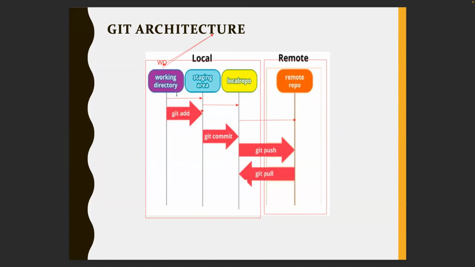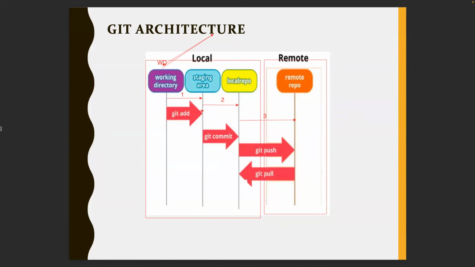It's three steps before your changes go to remote. Why are there three steps? That's the architecture of Git that helps in multiple aspects of maintaining the project files simultaneously: logging, version controlling, backup, all of them are possible. This is called the Git tree or Git architecture.